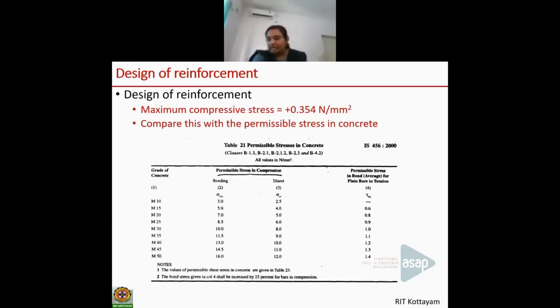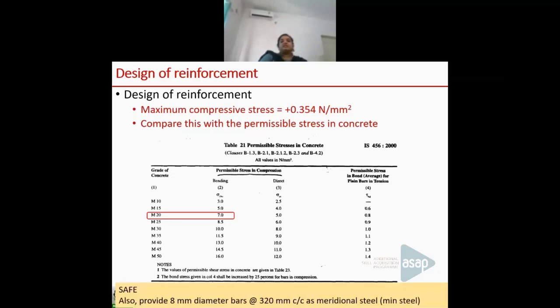So here in the beginning, I said that I'll be using M20 grade concrete. So what you will be looking for here is the permissible stress in compression, which is 7. What I got is 0.354. So that means what? The section is safe in taking the compression.